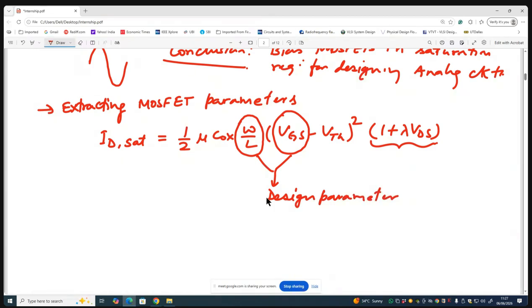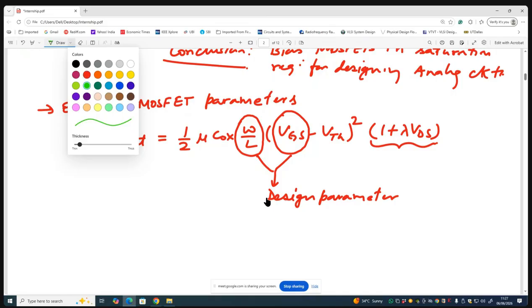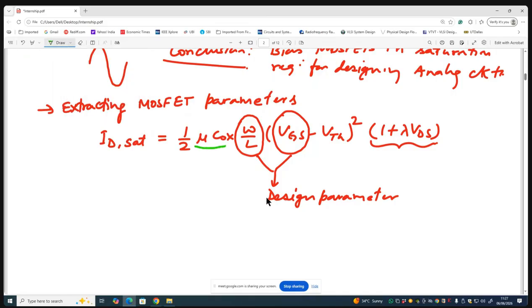Whereas this mu Cox and this VTH are process parameters. This is also a process parameter.